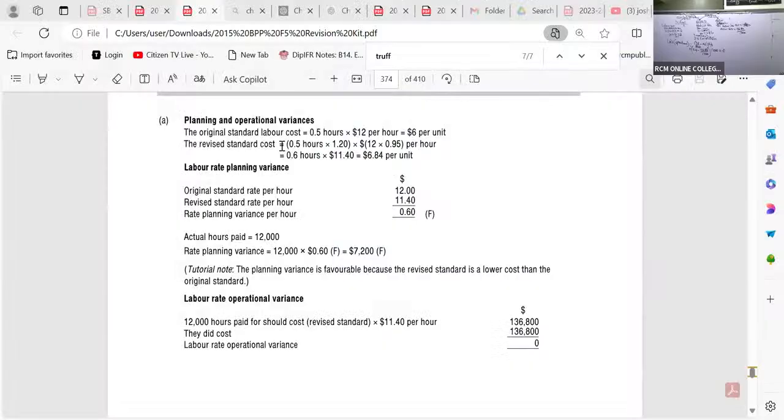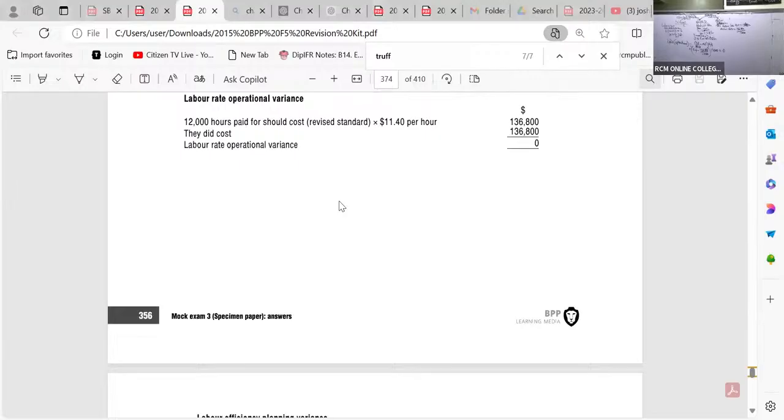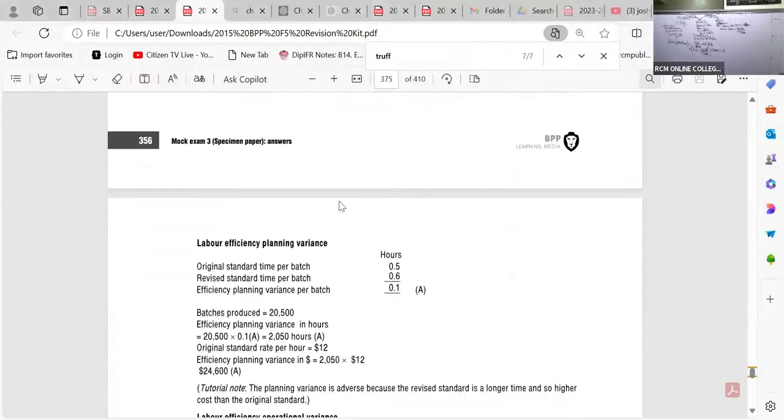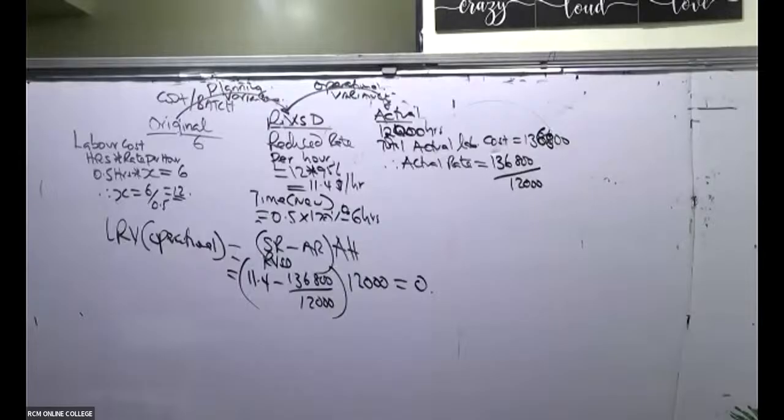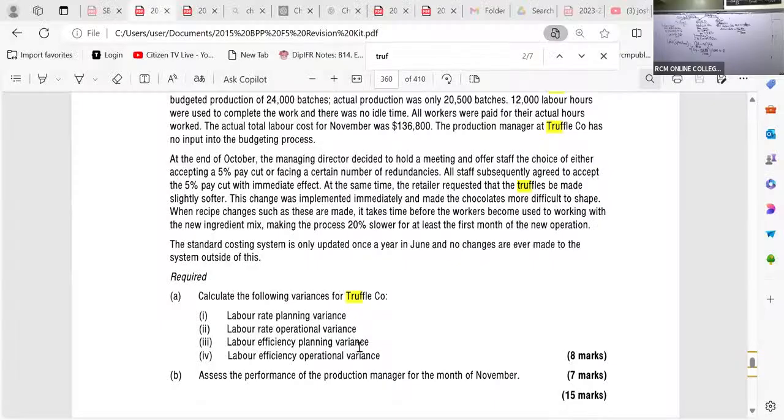Now, let me try you on this next one. This is the answer, but I can also start with the answer. I want you to see whether anybody will be able to get this 24,600 adverse. Let's see labor efficiency planning variance. The next question they want us to give is called labor efficiency planning variance.